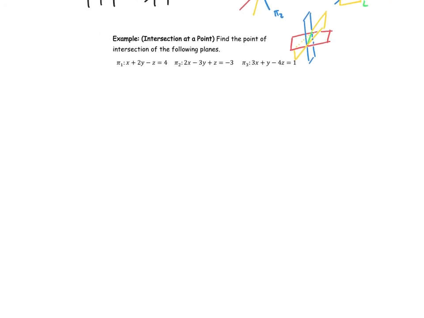Okay, so let's get into an example of this. Let's look at the intersection at a point of these three planes. All right, so I'm going to take a slightly different technique here. Prior to this, I stacked my equations, I eliminated some variables, and I did some work that way. What I'm going to do is find the line of intersection of these two planes, pi 1 and pi 2. Okay, so I am going to stack these, right?